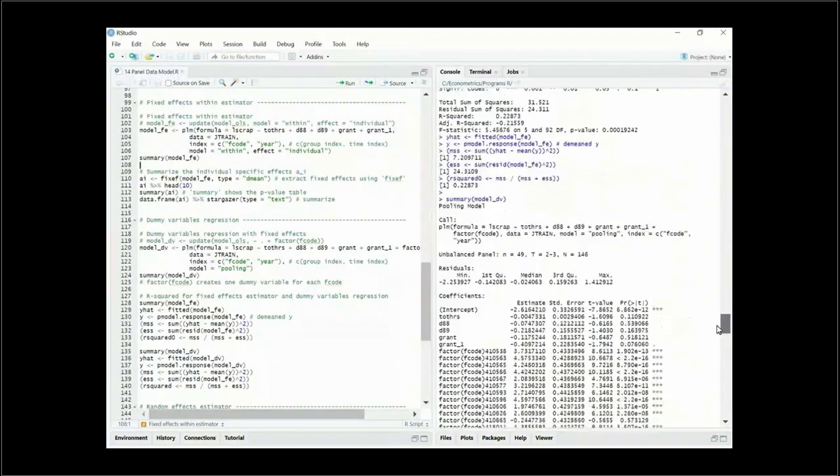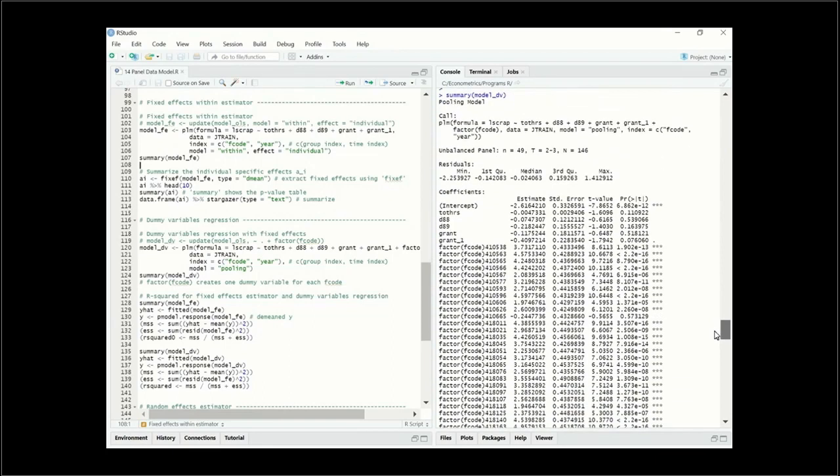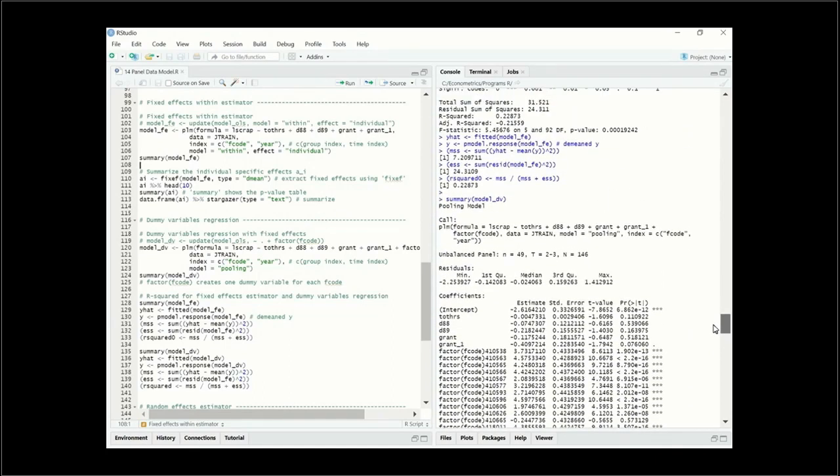So let's compare the two results that we have here. Notice that the model sum of squares is a number like 7, and the residual sum of squares is 24. This is what leads to this 0.22 of R square for the fixed effects estimator.